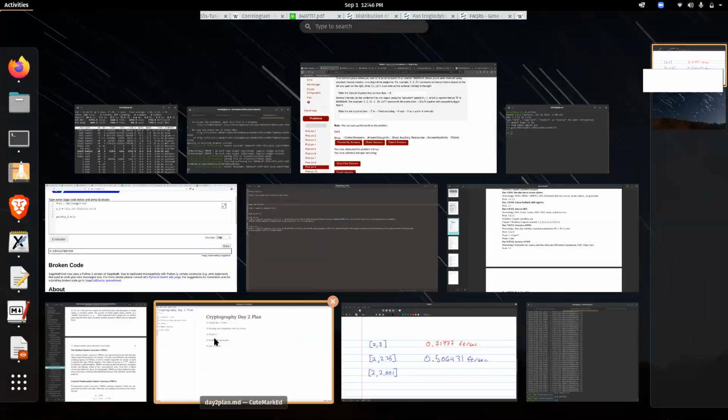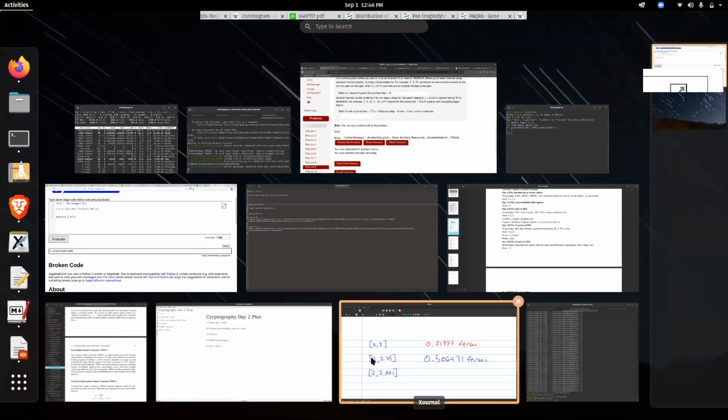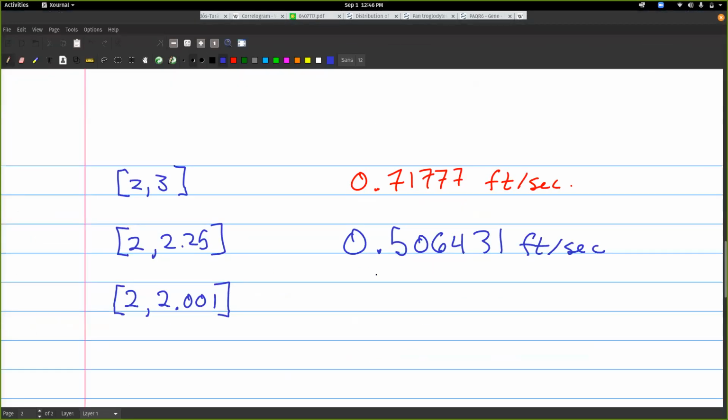Let's go back to the calculator, change this number to 0.0001, change this number to 0.0001, and run it again. Okay, and now I get this number, and I'm going to go back to my other screen and add it to my table. So the number that came out is 0.4519711.